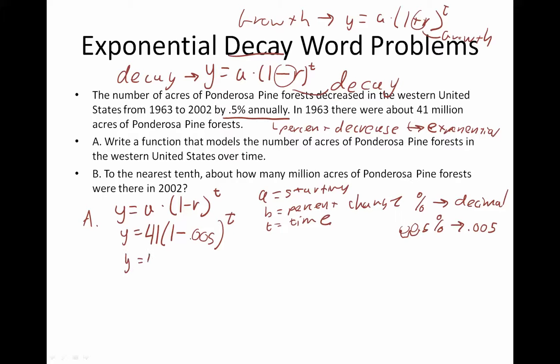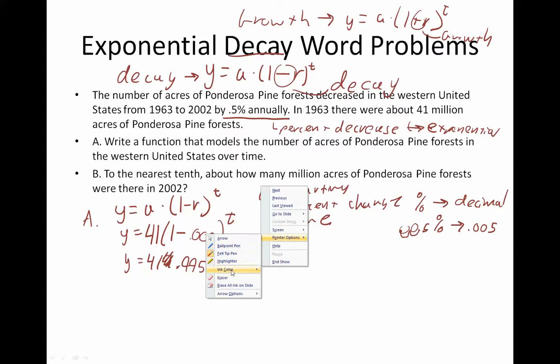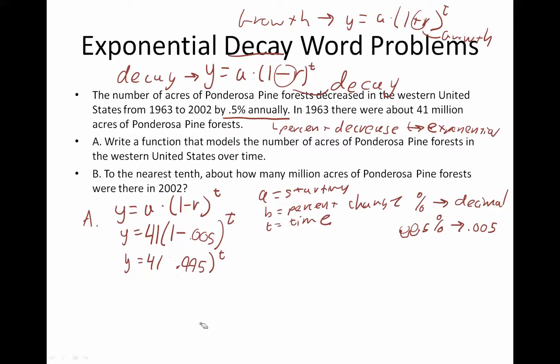So we'll simplify this. 41, 1 minus 0.005 is 0.995 to the t. Let's erase that scribble. Let's just redo that whole thing. It looked ugly that way.